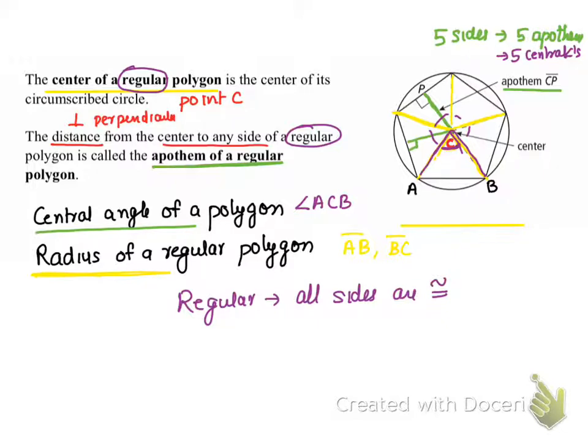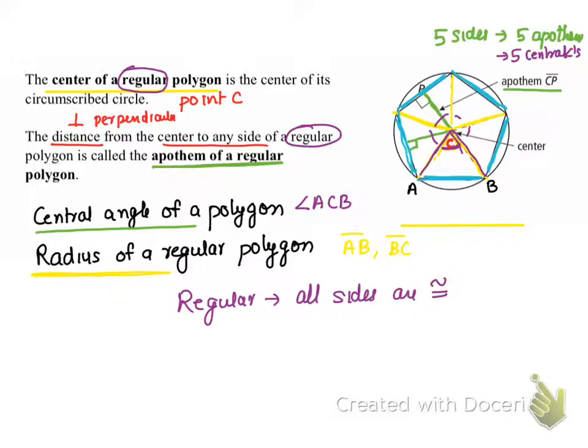The polygon has to be regular. So in this scenario, it means this side, this side, this side, this side, and this side all have to be congruent, the same measurement.